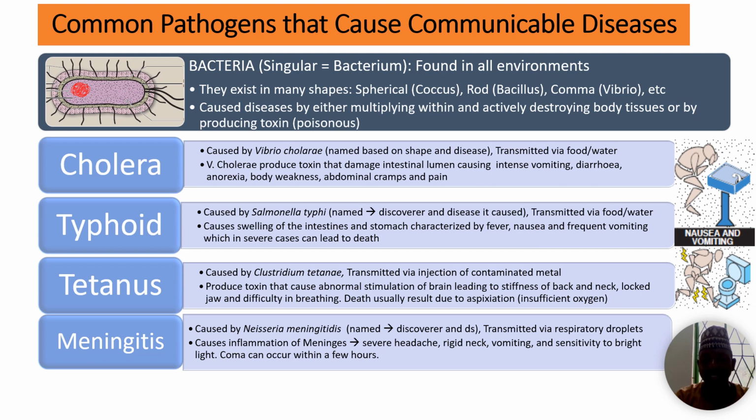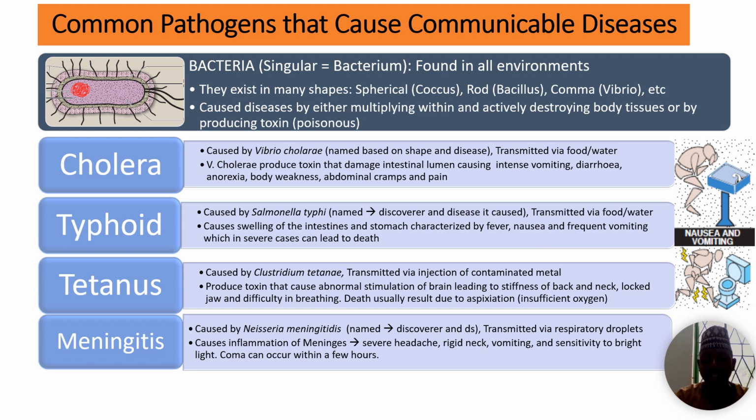So when a healthy person inhales these droplets from the air, the bacteria penetrate the epithelial lining of the upper respiratory tract, the nasopharynx, and finally enter into the bloodstream, where they rapidly multiply, causing fever and general body weakness.